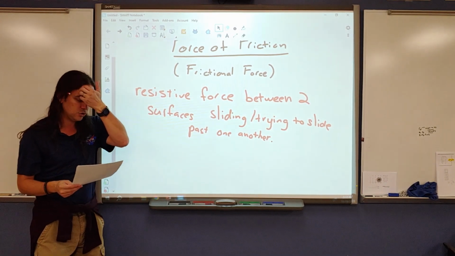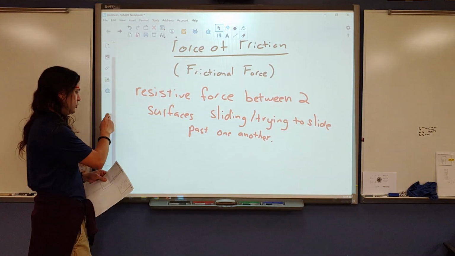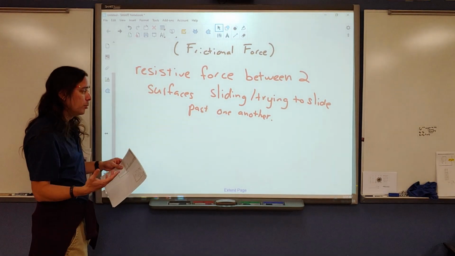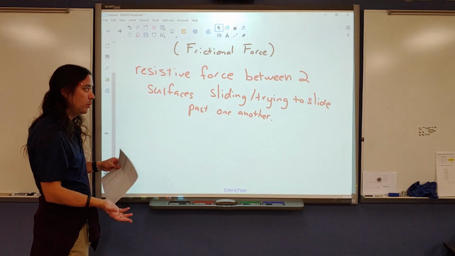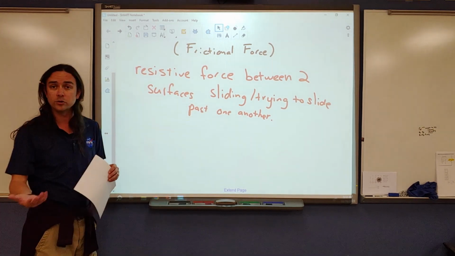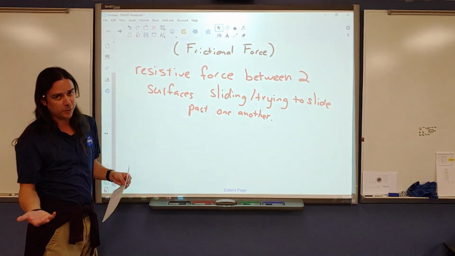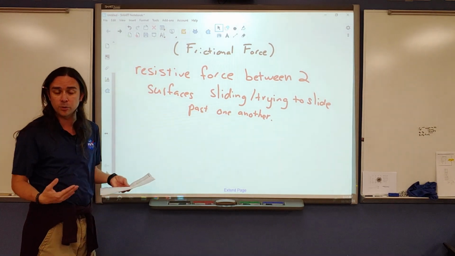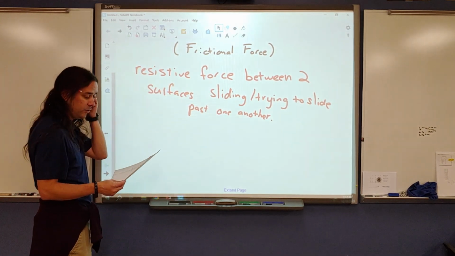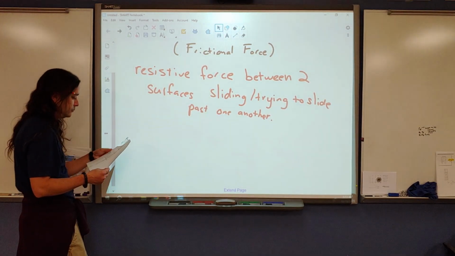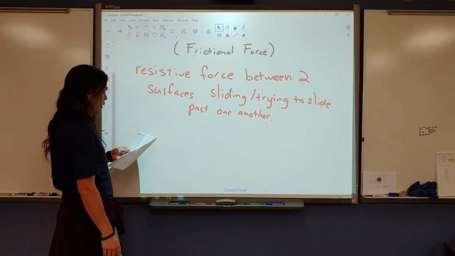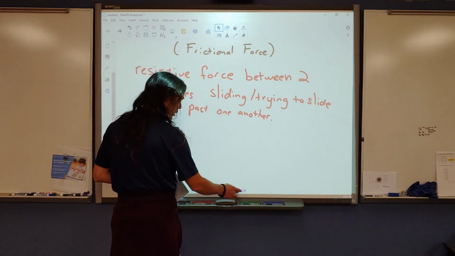So that's an explanation of where it comes from at the very small level. Normally, if things are rougher, they would end up with a little bit more friction, and if they're smoother, you would usually end up with a bit less friction, all things being equal, though nothing is perfectly smooth.